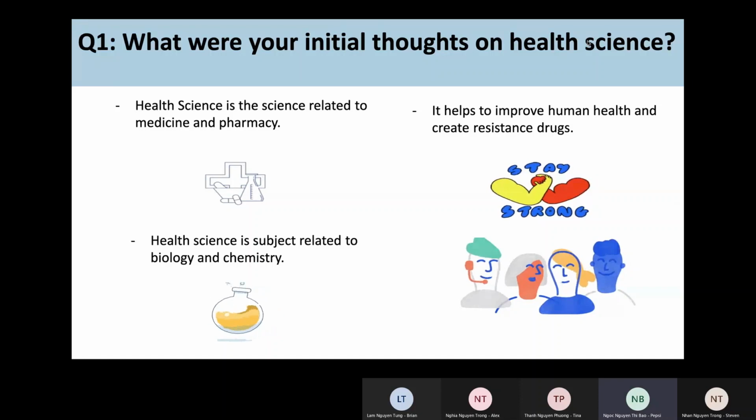Moreover, health science is related to biology and chemistry. In society, we see that the doctor or the nurse relates to health science, or some physicians will give advice for you to improve your health.